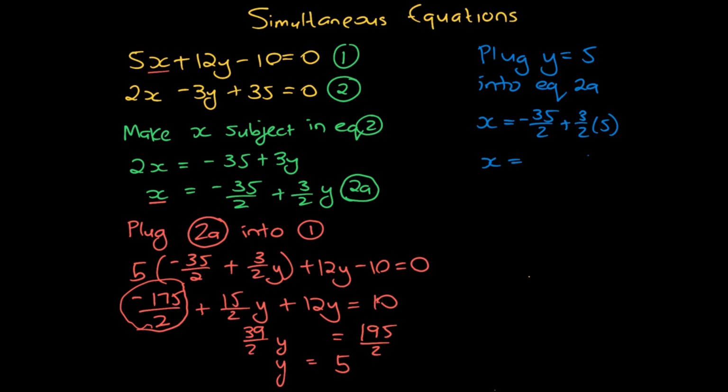And x will then equal, I'm sure you can calculate that for me. The answer is minus 10 for x. So x equals minus 10 and y equals 5, and that is the final solution. x equals minus 10 and y equals 5.